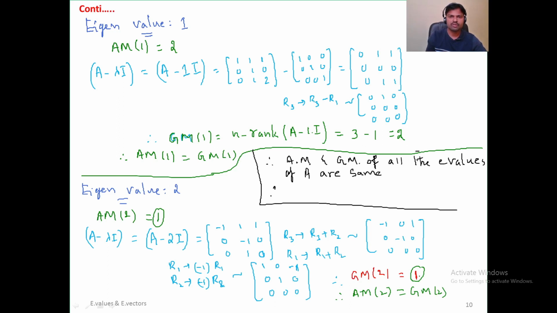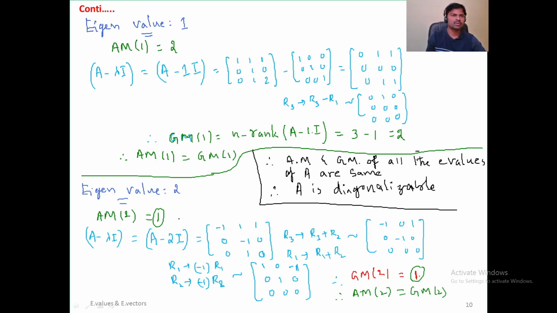So therefore A is diagonalizable. Okay. And what is a diagonal matrix? A diagonal matrix simply keeps all the eigenvalues on the principal diagonal.